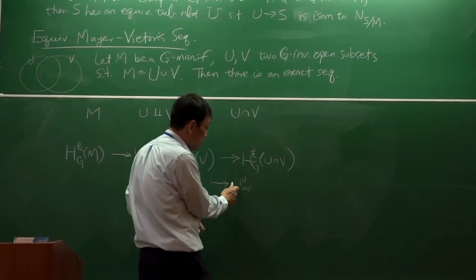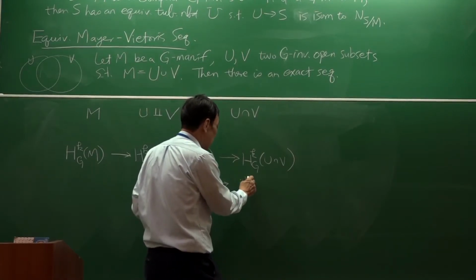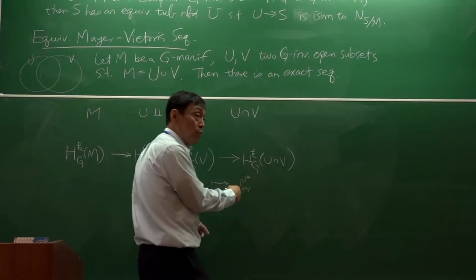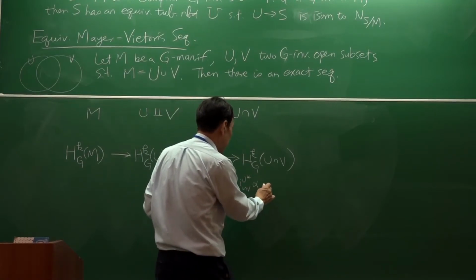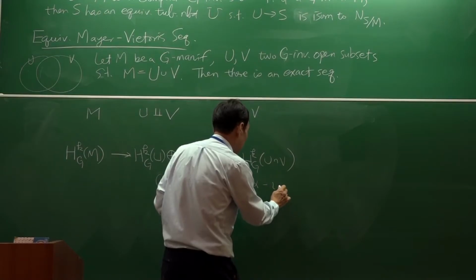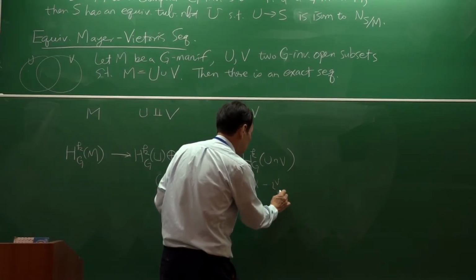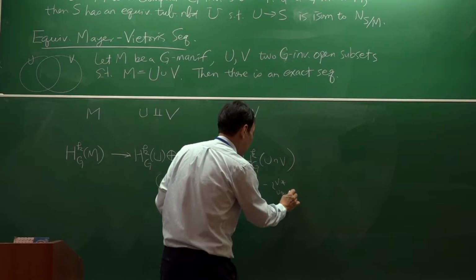This is the inclusion of the intersection into U. So the pullback will be the restriction i_U^* alpha minus i_V^* beta.